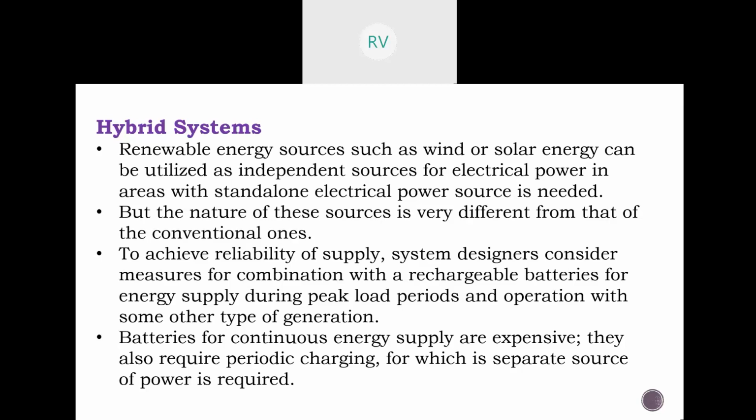So basically, in the case of hybrid systems, if you have only one supply, let us say either wind or solar, then in the absence of wind at that particular point, what happens? As this is a standalone system, the energy source is the wind itself.